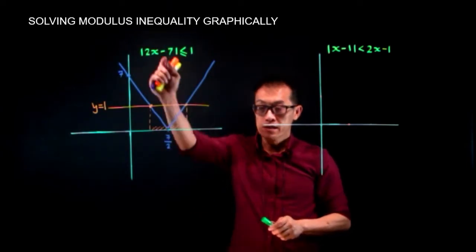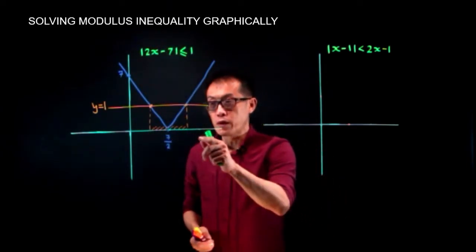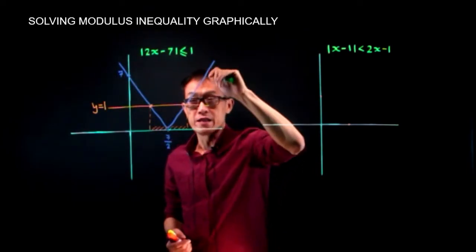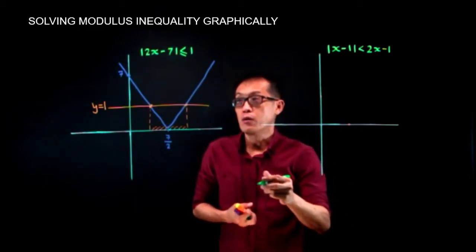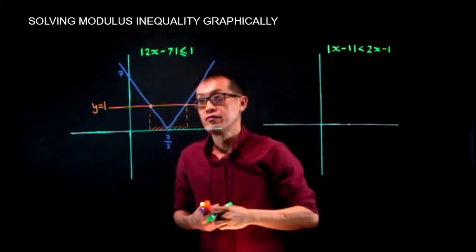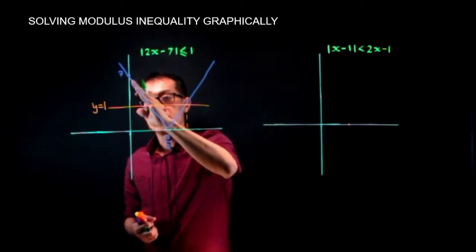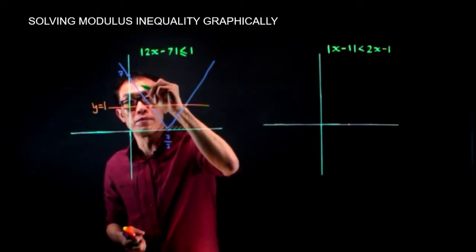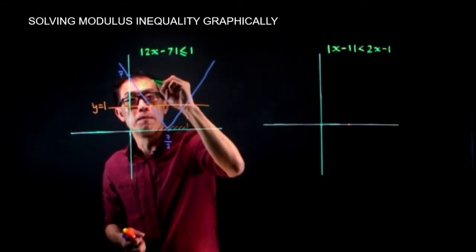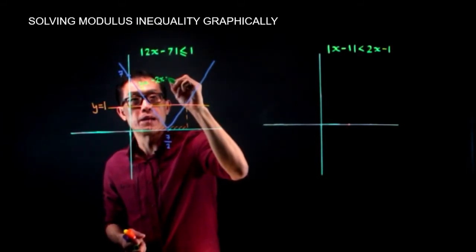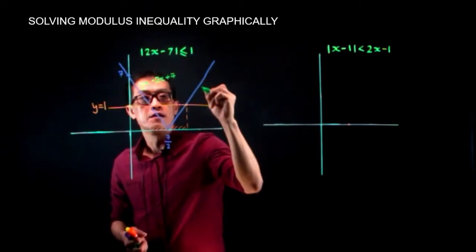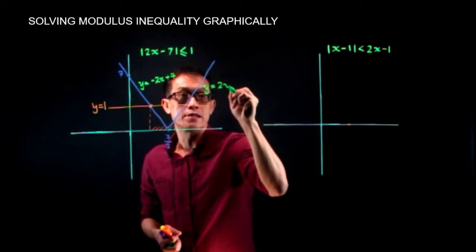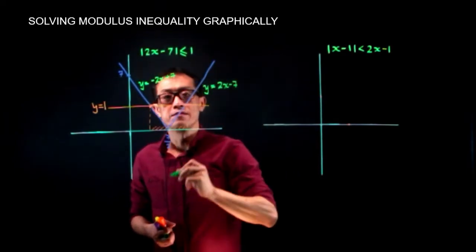So how to find the value of these 2 points? You can find the intersection of y equals to 1 with this graph and this graph. Now what is the equation of this graph? This has a negative gradient. So this graph here will be y equals to minus 2x plus 7. This graph here will be y equals to 2x minus 7.